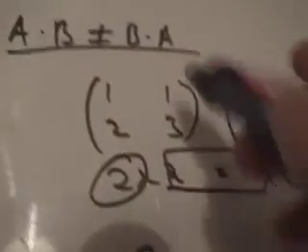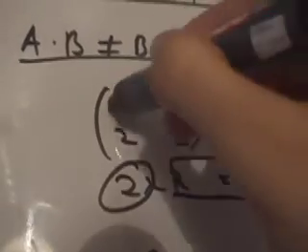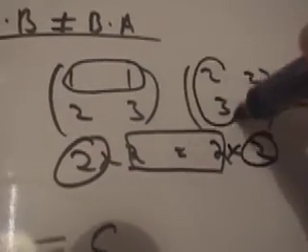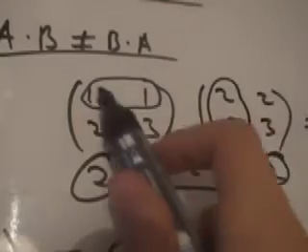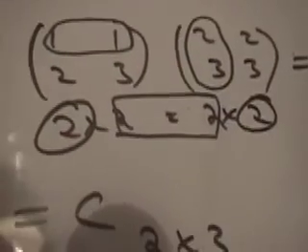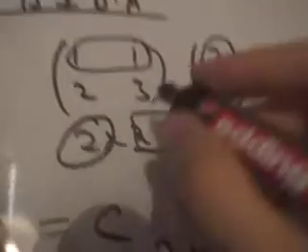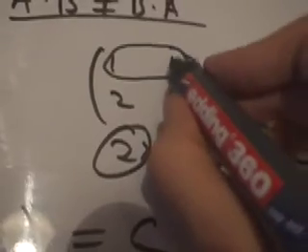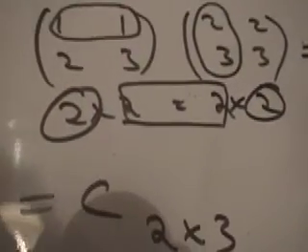Now this is what you do. First row times first column. 1 times 2 is 2, but because you have something second in there, you have to add that on. 1 times 3 is 3, and you add it.